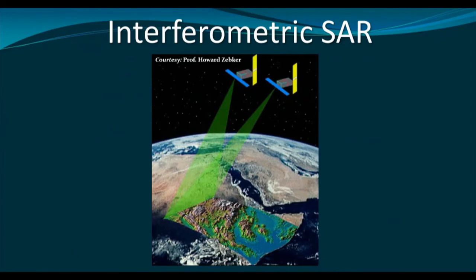We may introduce two different platforms for simultaneous capture of two images, for example TanDEM-X and TerraSAR-X, or even a single sensor can be used to capture multiple images in two different passes with slight differences in their geometry. In their geometry means in their look angle, basically from two different locations they should capture the imagery.